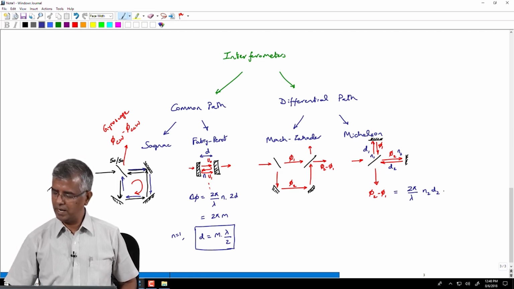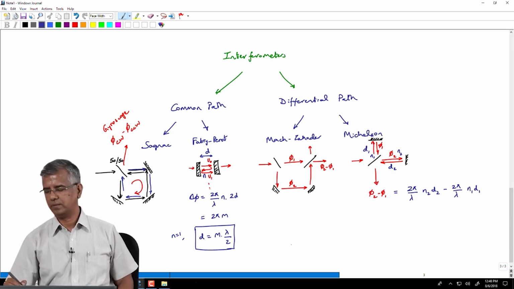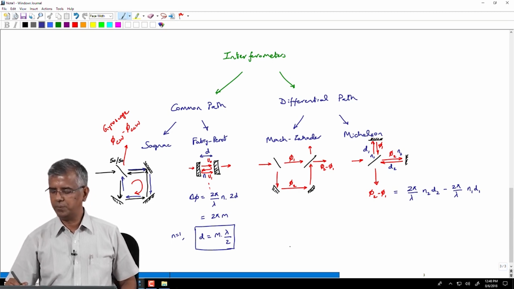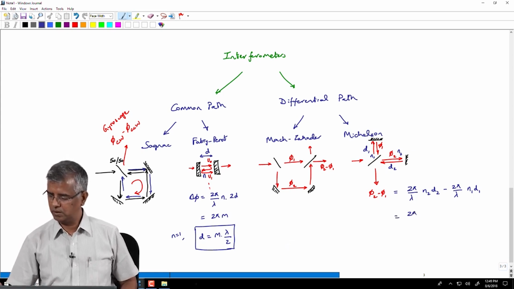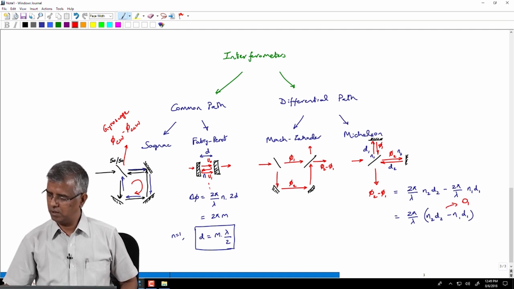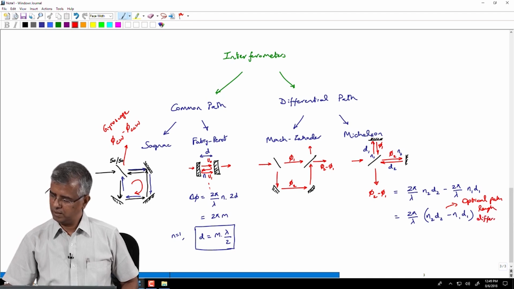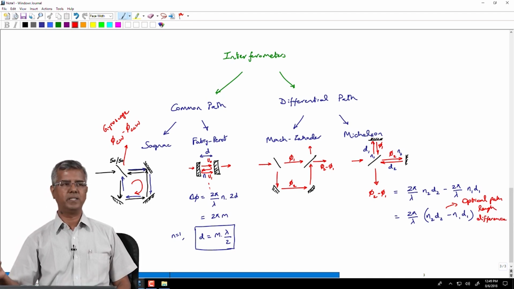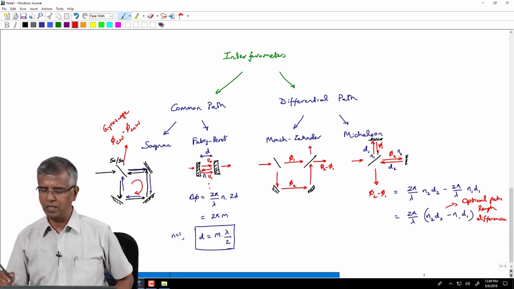So, 2 pi over lambda n2 d2 minus 2 pi over lambda n1 d1. Okay. So, this is 2 pi over lambda (n2 d2 minus n1 d1), which is known as the optical path length difference.